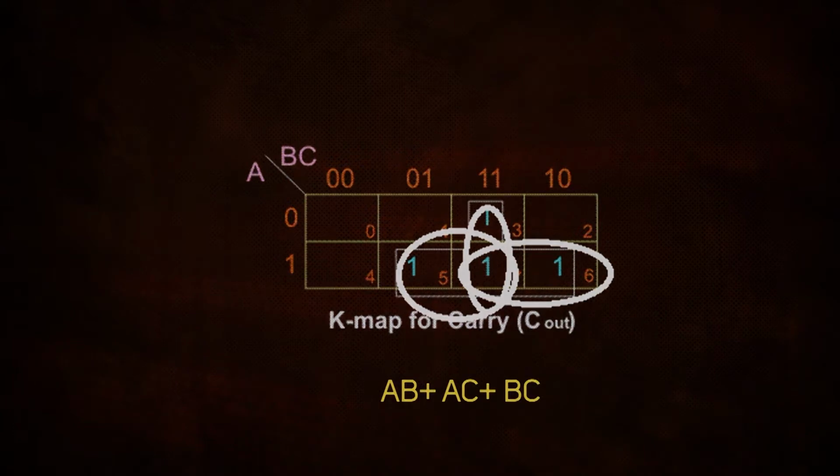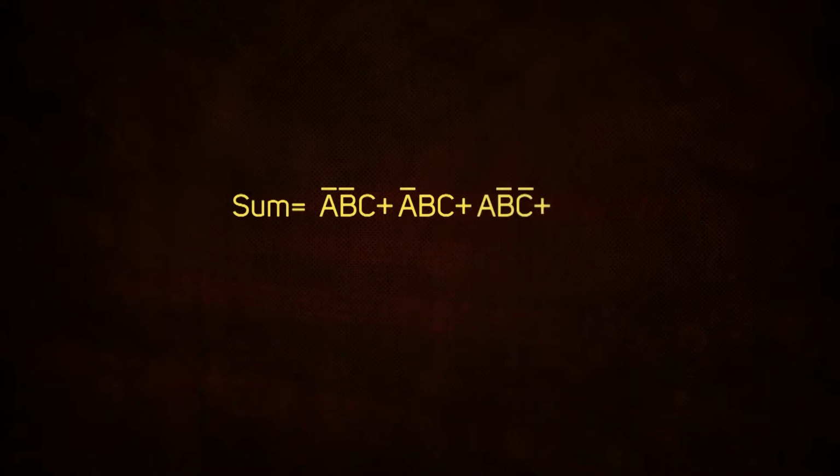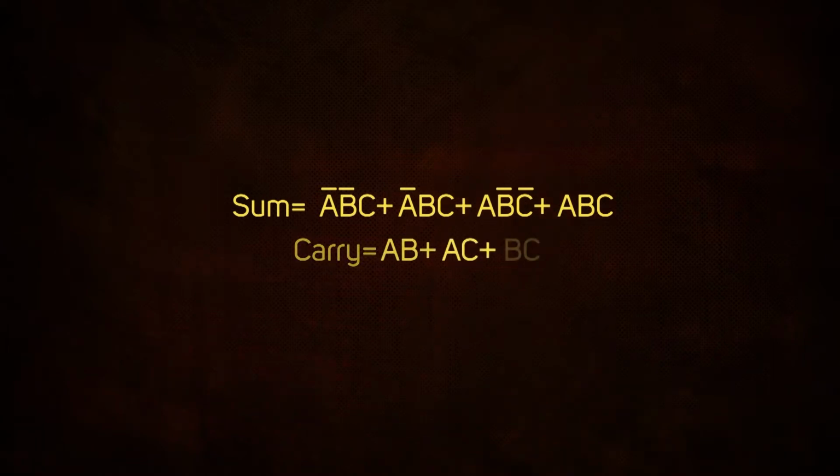Now, we have the sum of products expressions for sum and carry: sum equals A complement B complement C plus A complement BC plus AB complement C complement plus ABC, and carry equals AB plus AC plus BC. Both of these expressions can be implemented using AND OR logic.